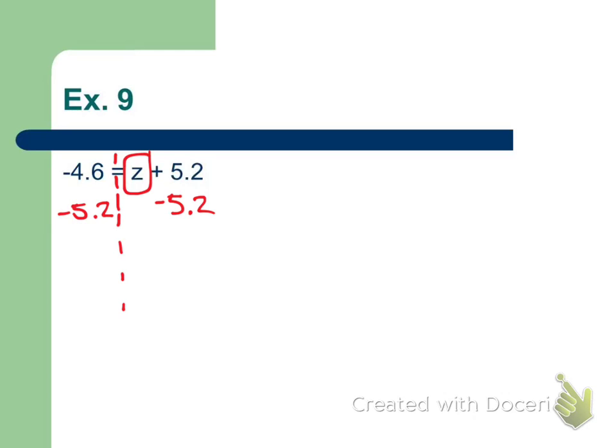And then what did we get? We got 9.8 equals Z. Positive or negative 9.8? Positive. All right, so it would be negative 9.8. Watch your signs. If you're not sure about them, get a calculator. I'm going to keep on emphasizing that.